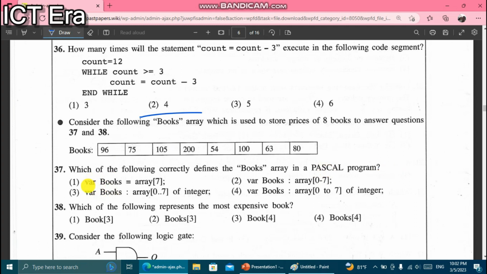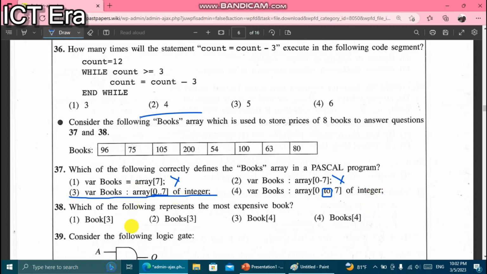First of all, it should be variable books. This is not the answer. 0 to 7, this is not a method because it didn't mention integer, right? Here, yes, this is the answer. So we can take the answer as the third one. Here, because of this symbol, we cannot take this one as the answer.